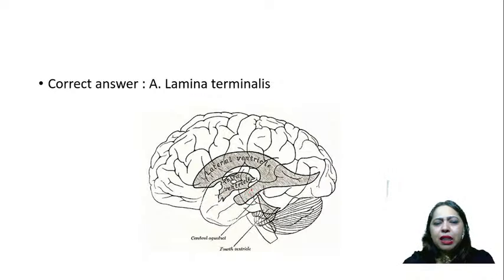This particular diagram is not giving you so much information, but the anterior is forward and this is posterior, and this is the lamina terminalis. This is anterior. I wish there was labeling on this. It is not there. And you can see the aqueduct of Sylvius also here.